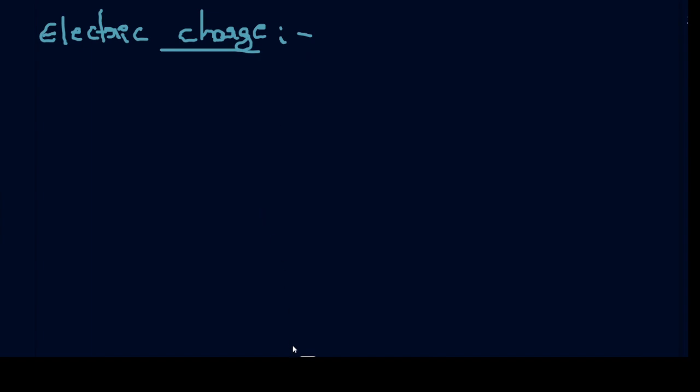First of all, what is this charge? You may already know that for every matter, for every object in the universe, a fundamental property of any body is mass, right? Same like mass, electric charge is also a fundamental property of an object.